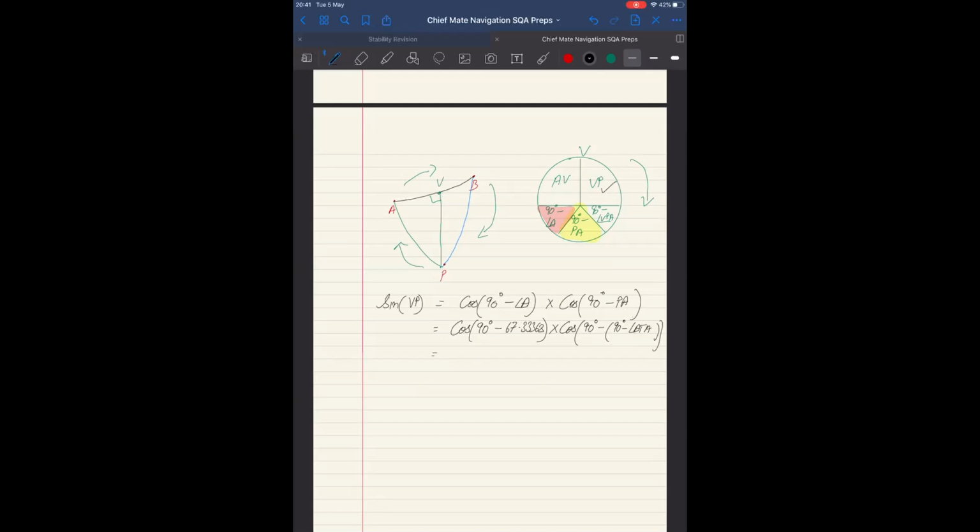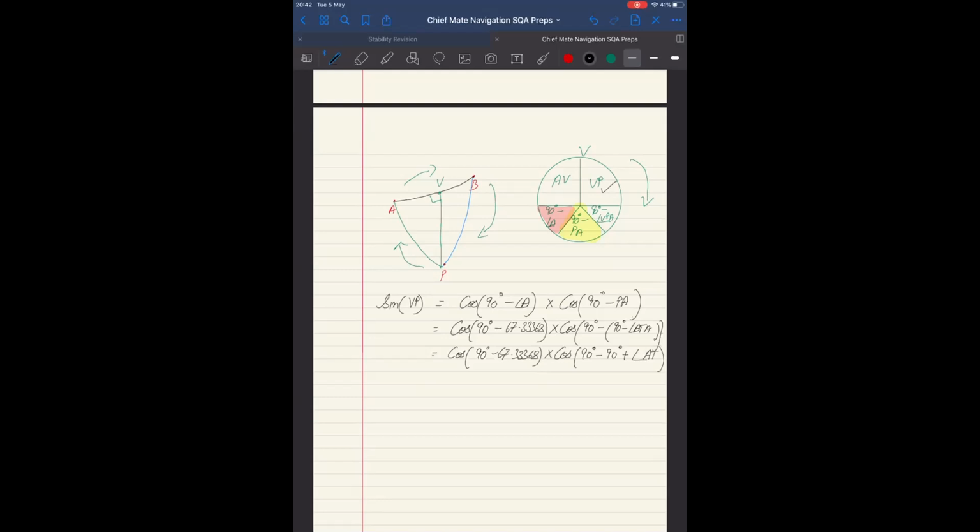Let's solve and see what this value is giving. So I would say 68 times cos of, now when we open up this bracket, it would be 90 degrees minus 90 degrees plus the angle, which is not the angle, plus your latitude.